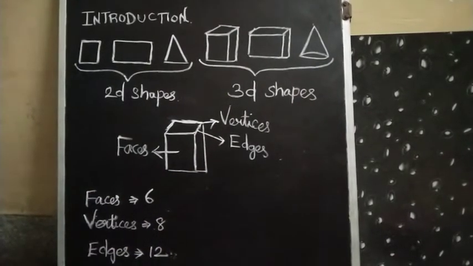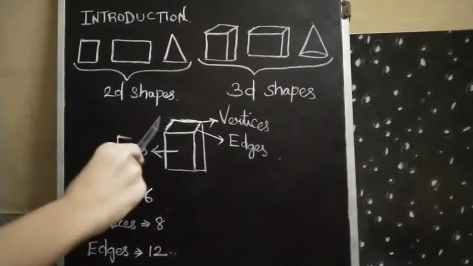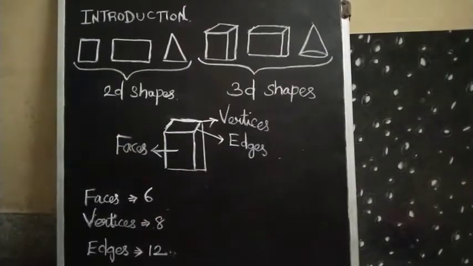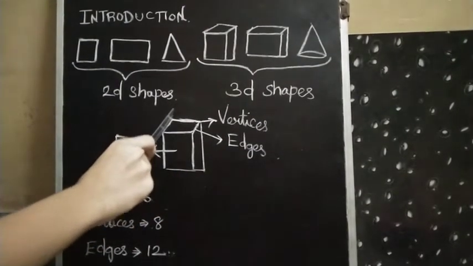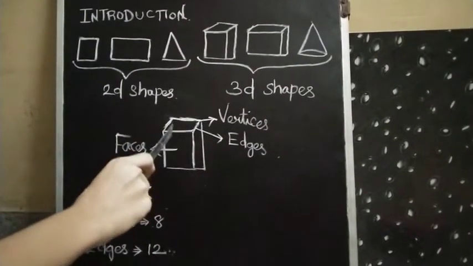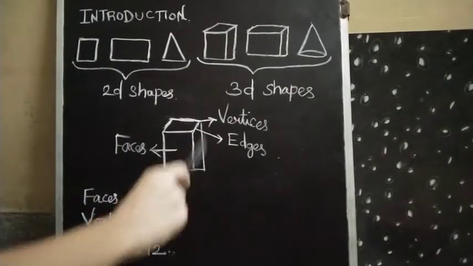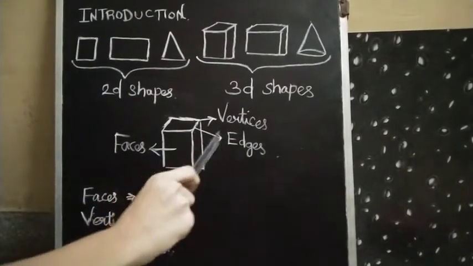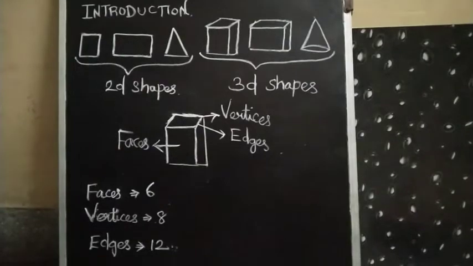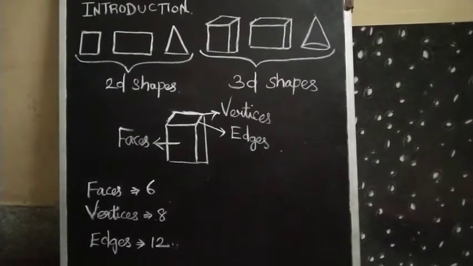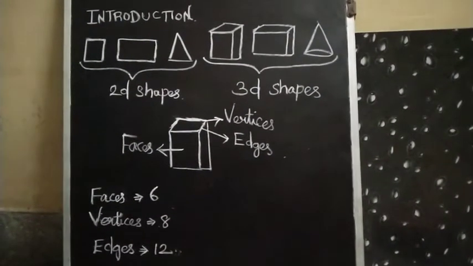So vertices 8. Edges 12. The lines are known as edges. So let's see, 1, 2, 3, 4, 5, 6, 7, 8, 9, 10, 11, 12 that side. So edges 12. Let's see total surface area of cube and cuboid.